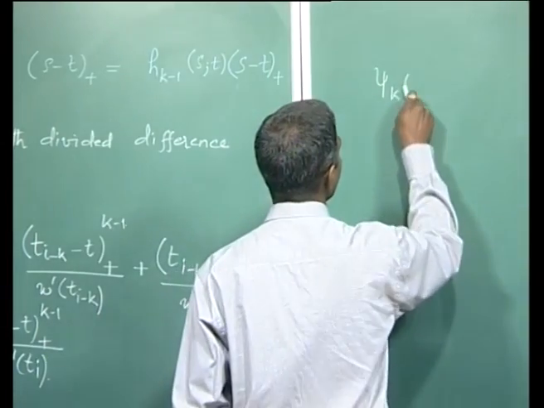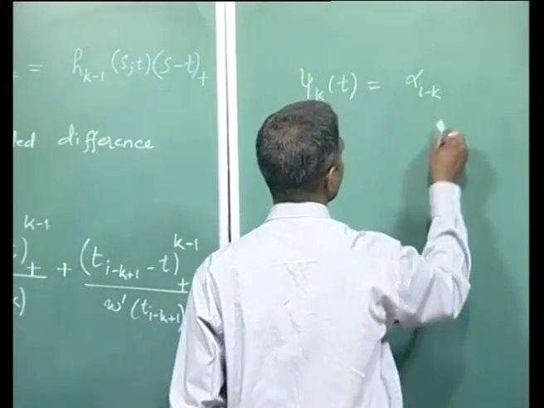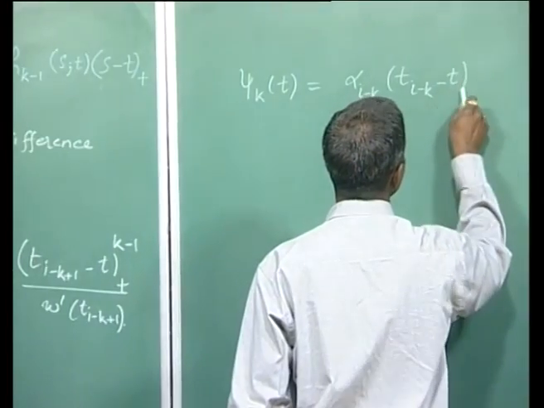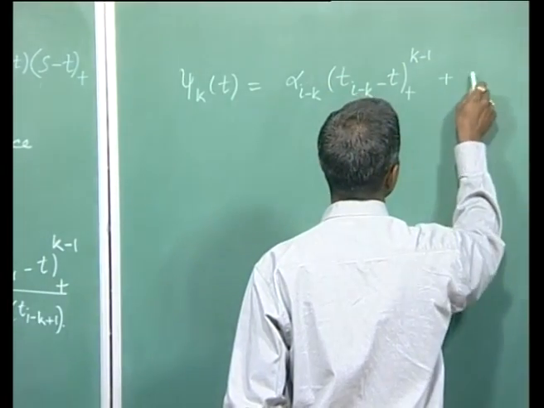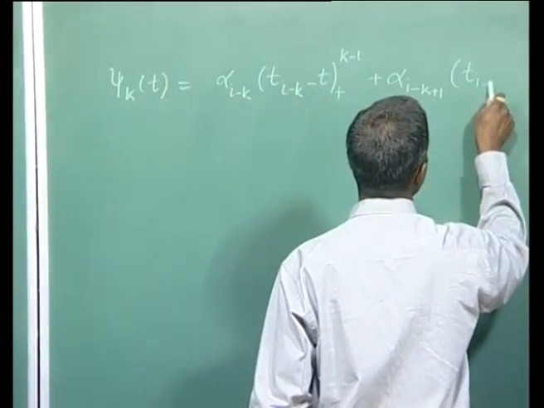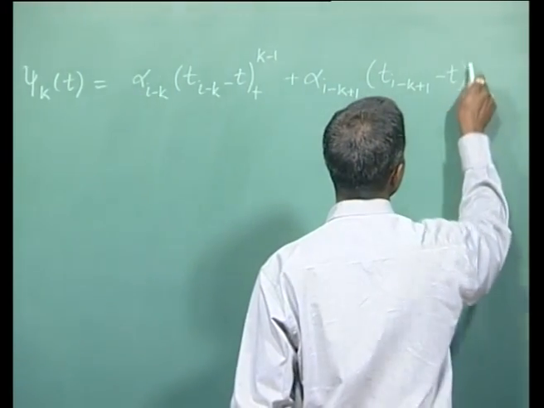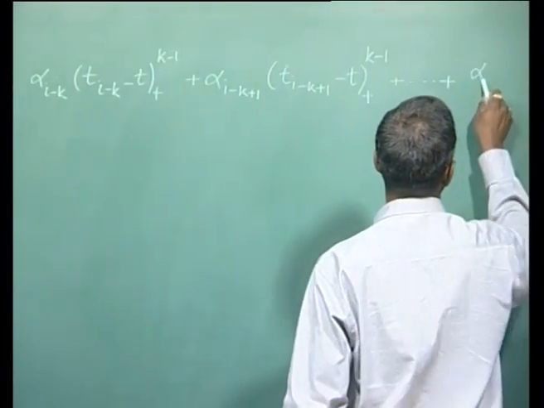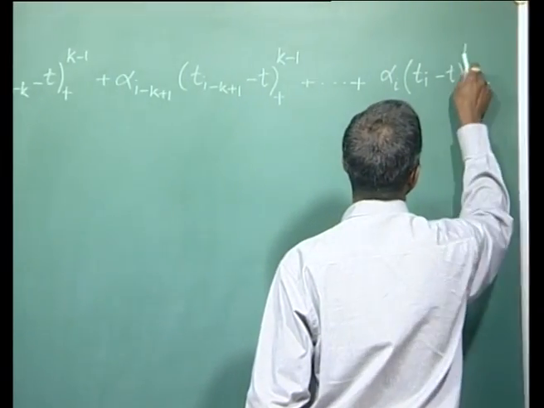So psi_k(t) equals alpha_{i-k} (t_{i-k} minus t) truncated to the k minus 1, plus alpha_{i-k+1} (t_{i-k+1} minus t) truncated to the k minus 1, plus alpha_i (t_i minus t) truncated raised to k minus 1.